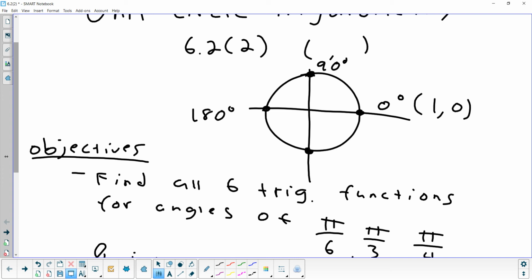What's that one? Sophie? 0, 1. Okay, how about 180? Coordinate for that one? Abel? -1, 0. And how about 270? Yeah, Matt? 0, -1. Okay, those are the quadrantal angles. They all have a 0 and a 1 in the coordinate.